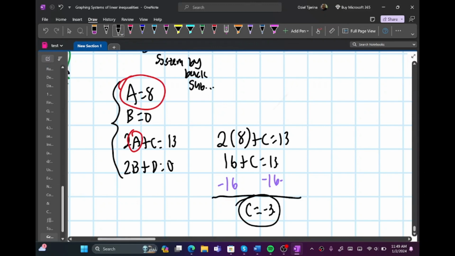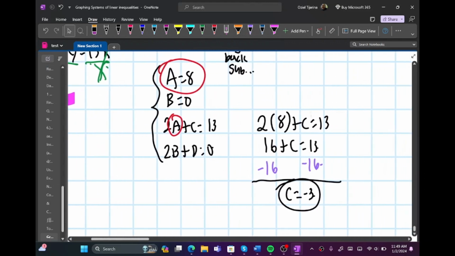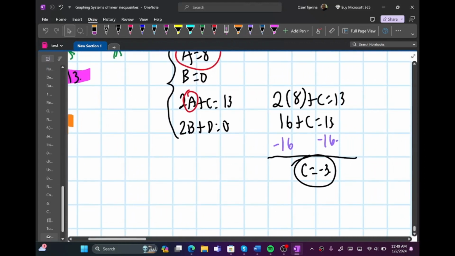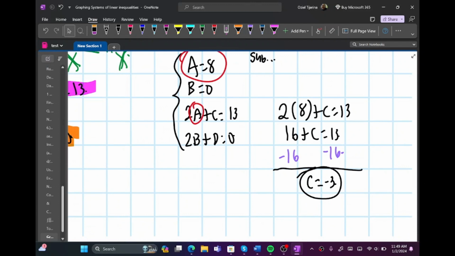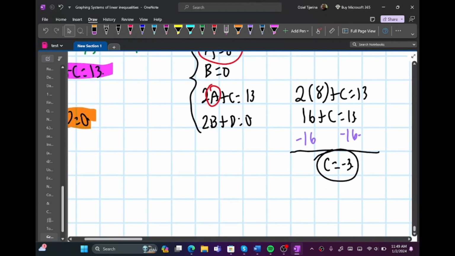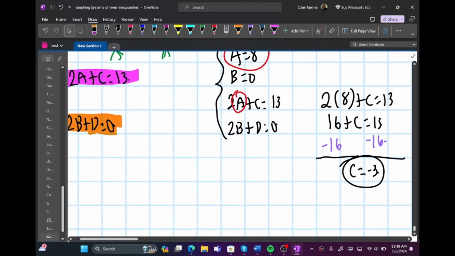So I'm circling that right there. Now let's use the 2b plus d is equal to 0.